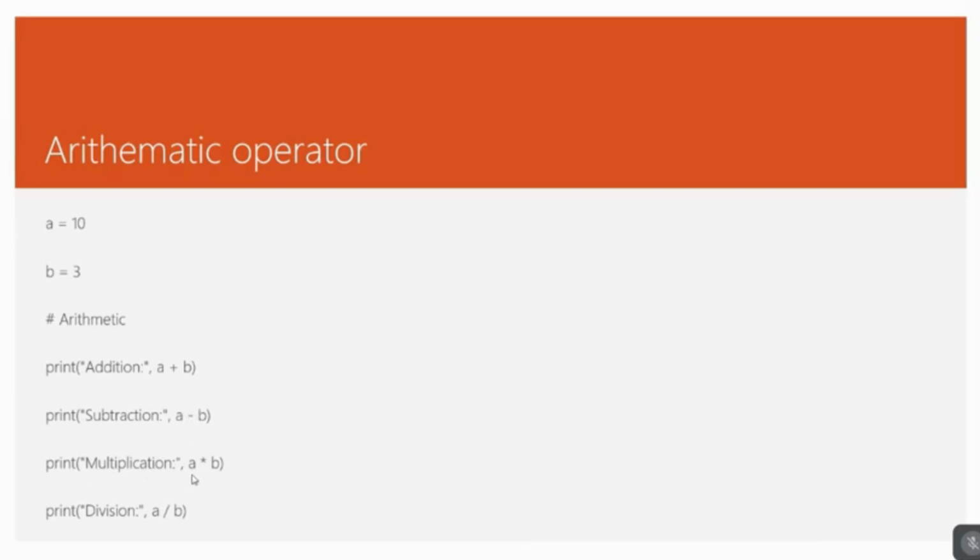For multiplication, we use the multiplication symbol, also known as the star symbol. For division, we use this symbol, and so on. So this is known as arithmetic operators and their operations.